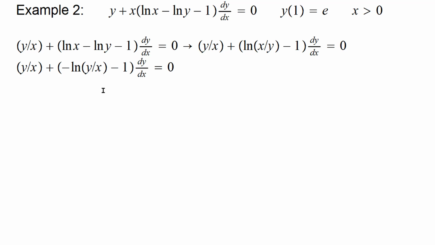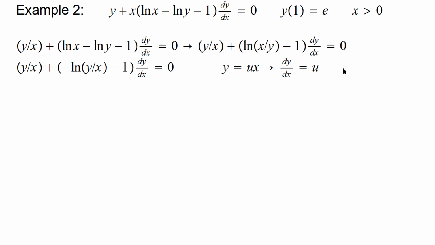Now, if you look at this format, looks like we may try y equals ux again. I said try because I'm not saying that that is definitely going to work, but we are just going to try and see if it works. All right. So here again, as in the previous case, I'm not writing the details.